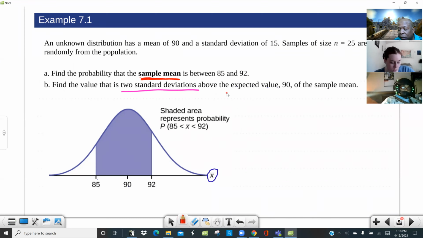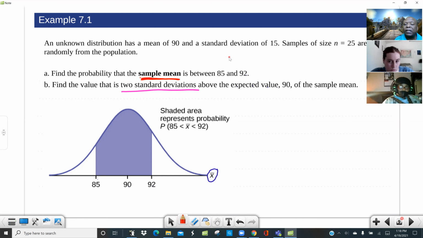So the thing here is, we are back at the normal distribution. We are going to use the normal distribution like we used it in chapter 6, except it's going to be done from the central limit theorem point of view. We don't know anything about the original distribution.